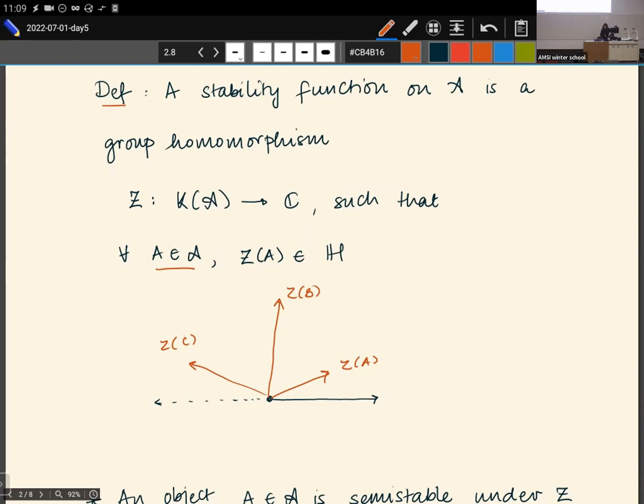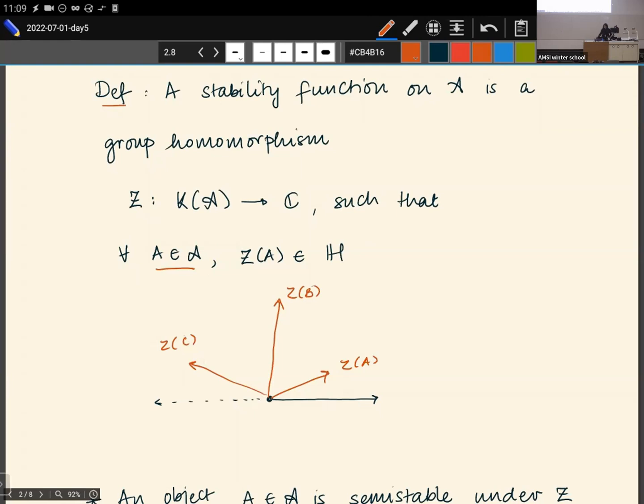Okay, so I'm only imposing this condition on actual objects in the category. Okay, very good. And then if I have a picture like this, for the purposes of what we're doing today, all of my stability functions I'll think of as pictures like this.